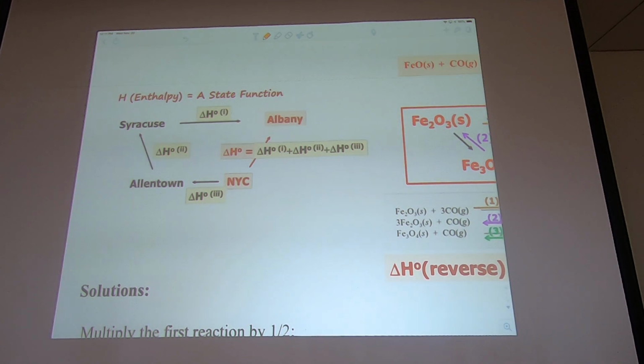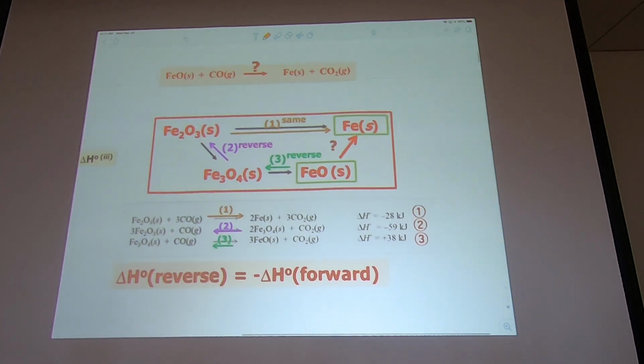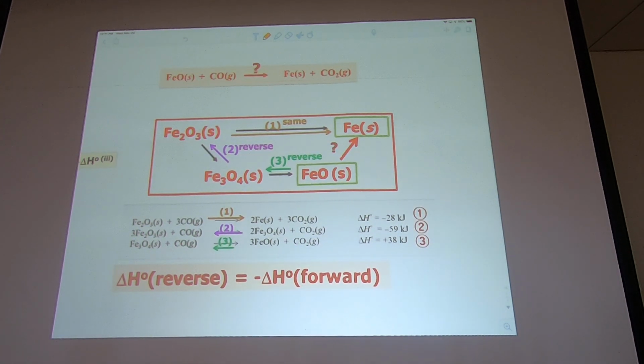So now you can see that, okay, the one that I showed up here is this. I want to know FeO becomes Fe, but if you look at the reaction down here, FeO becomes Fe3O4, so I can make a detour. I'm in Allentown; I can go to another kind, Fe2O3, which is Syracuse, and that Syracuse will lead to Albany.